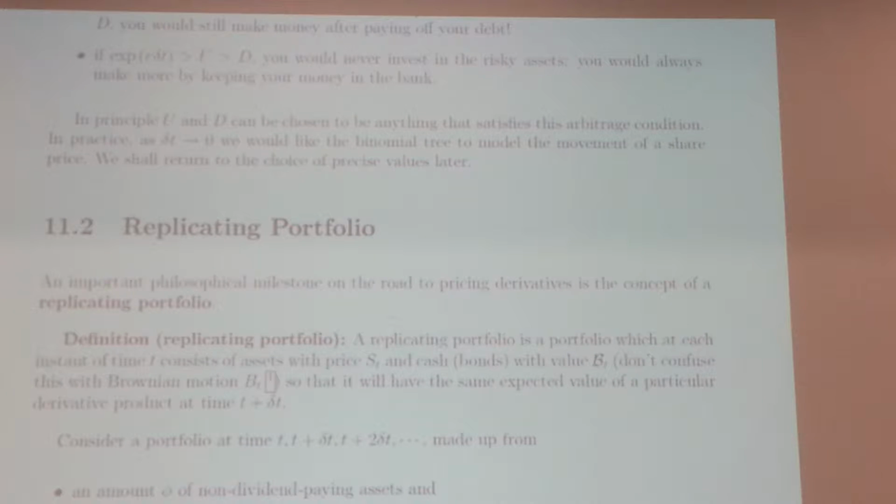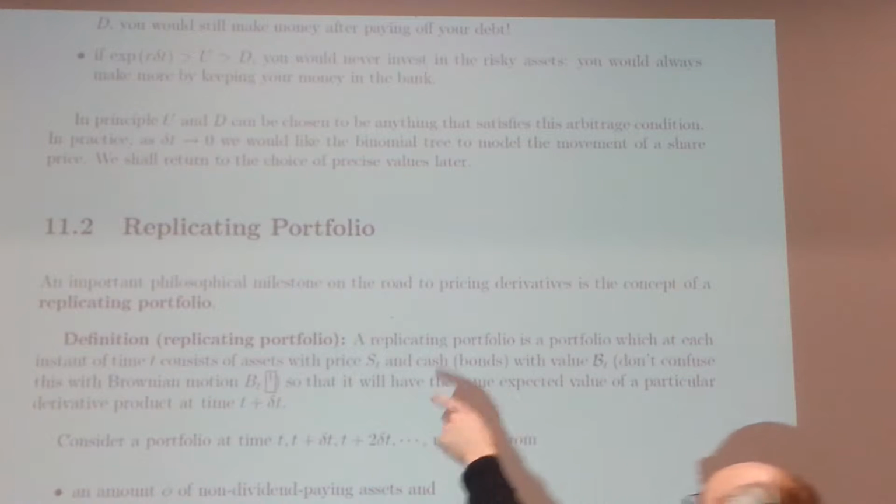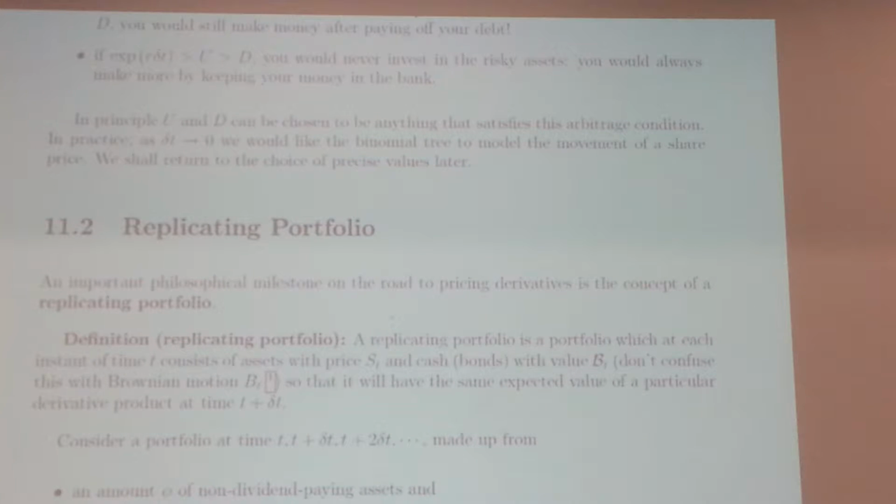Right, so the replicating portfolio is, given that binomial tree, I want to try and find a portfolio of assets that somehow magically equals the value of the option on the underlying asset. A replicating portfolio is a portfolio which at each instant of time consists of the underlying assets with price S_t and cash, which could be bonds, but could just be cash in the bank.